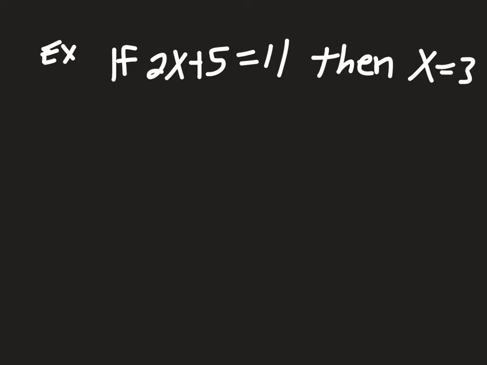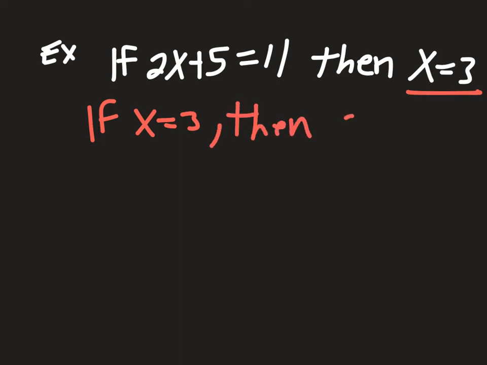So the converse means we're going to start with the conclusion, and we're going to say if x equals 3, then 2x plus 5 equals 11. So if x equals 3 and I double it and add 5, I do get 11. So this is a true biconditional statement. It's true in each direction.